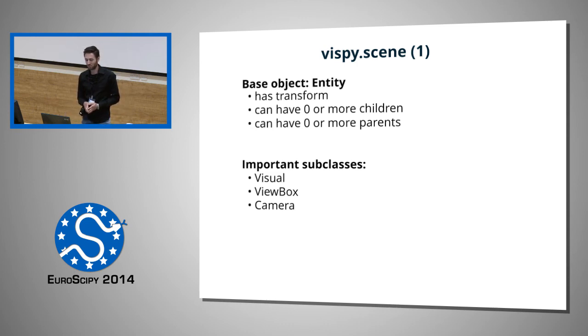The basic unit in a scene graph is what we call an entity. And an entity is quite a simple object. It has zero or more children, and it has zero or more parents. And you can create a hierarchy of different entities, and so you build up a scene graph. That's where the name scene graph comes from.